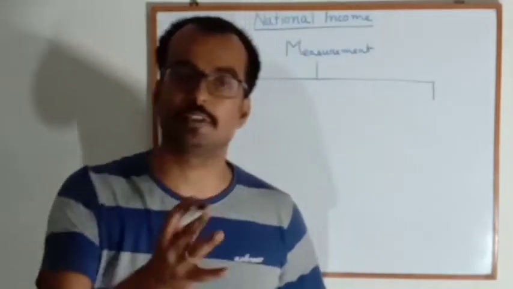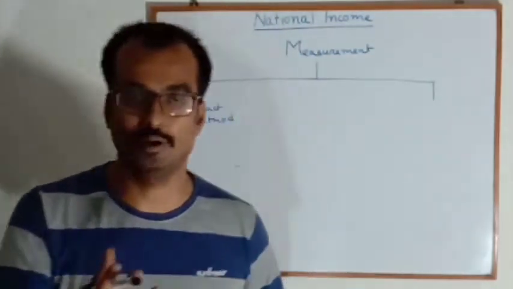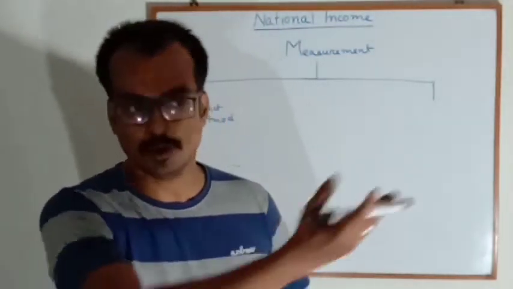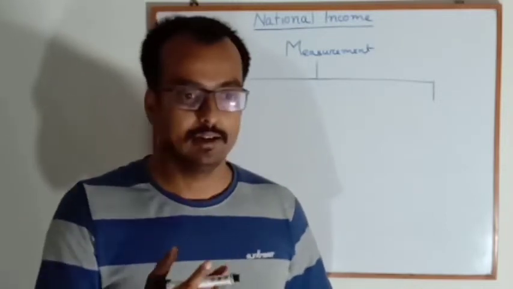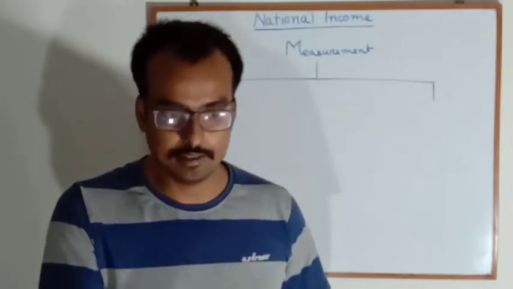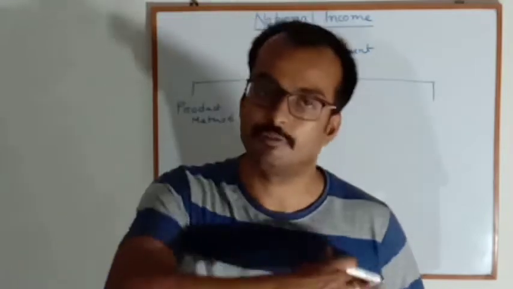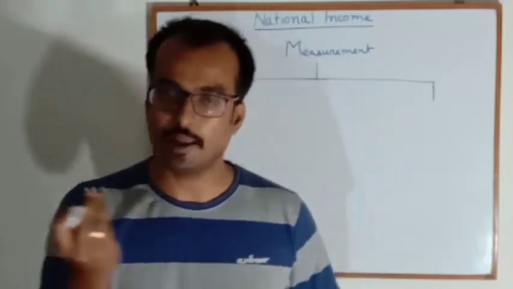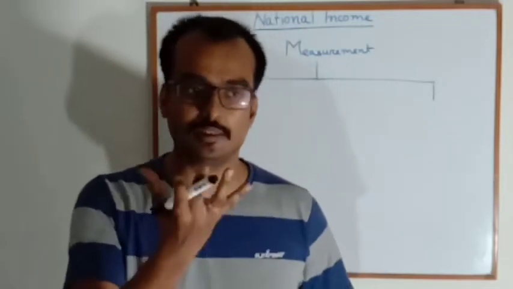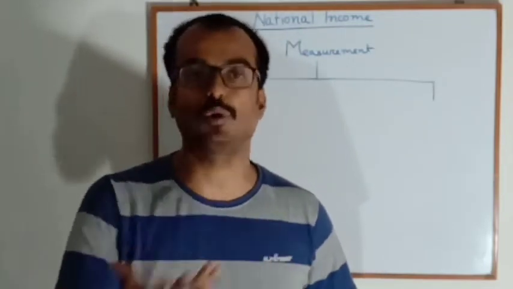It's not a flow concept, it's a stock concept. I have explained what is flow and what is stock. The river water is flow. Income is a flow thing. Income is a flow concept, like water in the river, and wealth is like water in a pond.